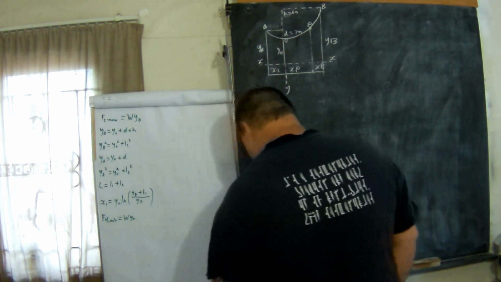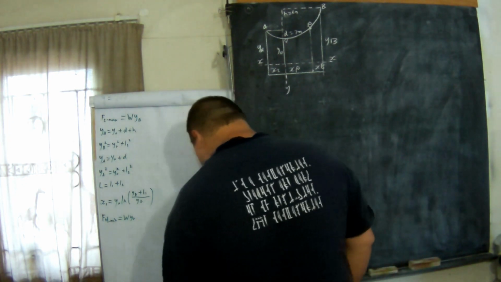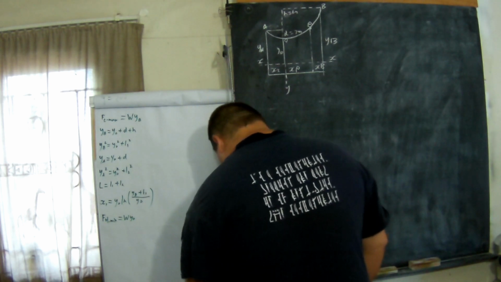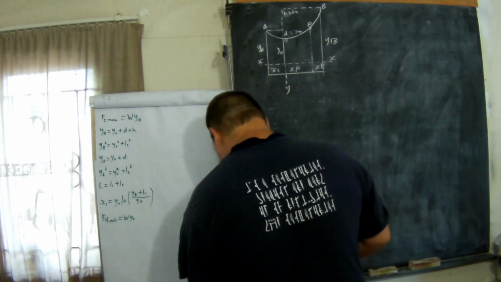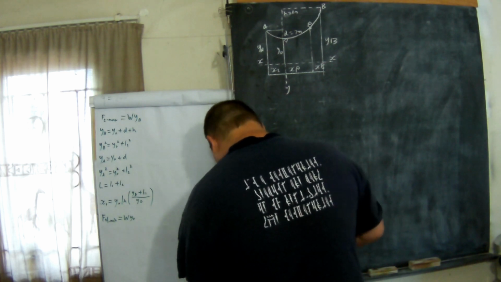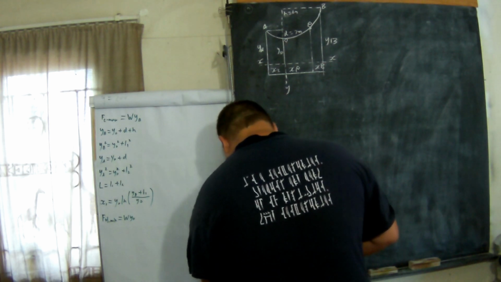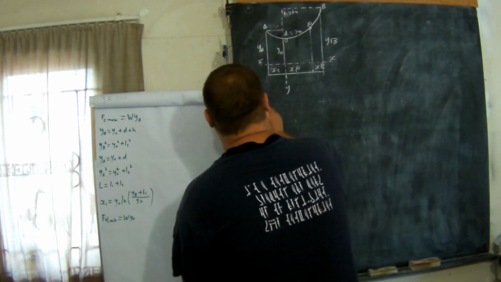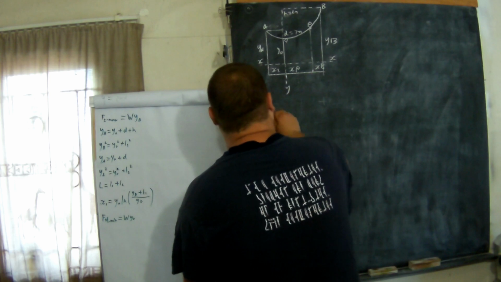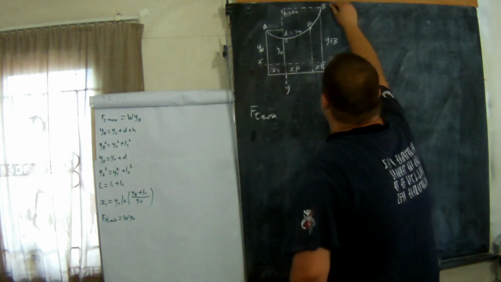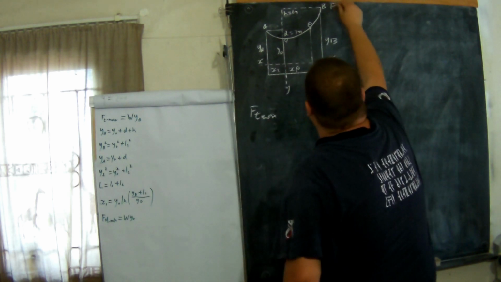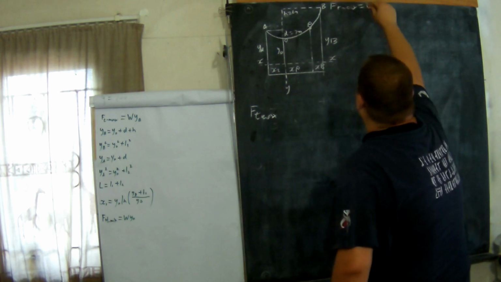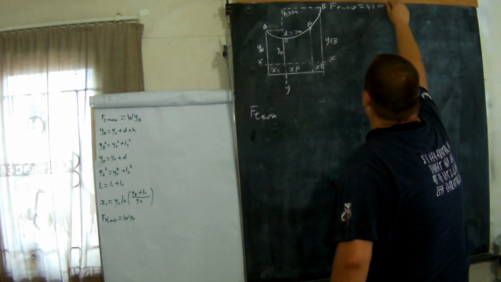Okay. First of all, we need the length of the actual cable. The maximum tension in the cable will be at the longest point. So Ft max is equal to 4,000 newtons.